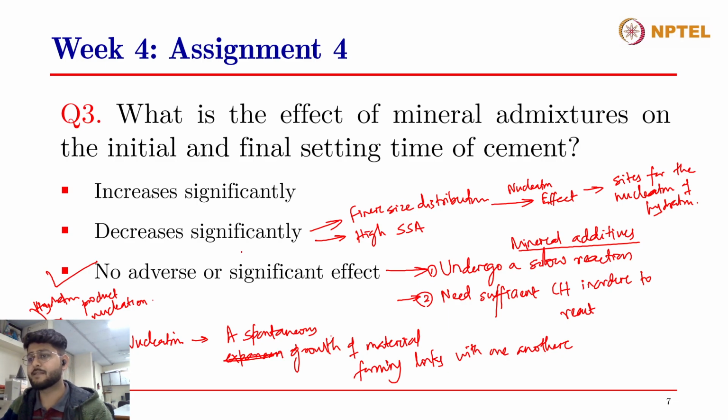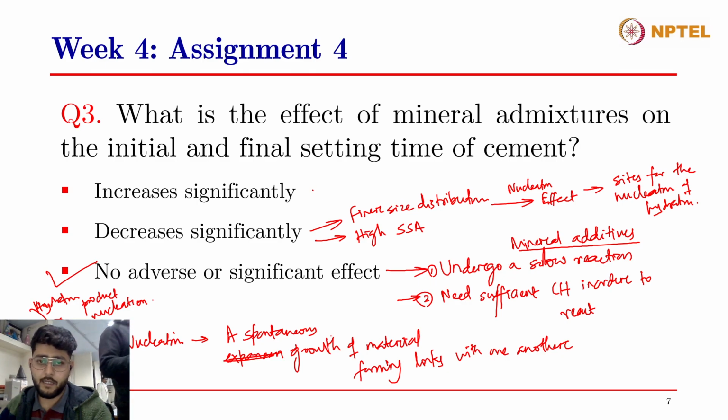Rather, they act as just sites to provide for the nucleation of these hydration products, and in order to increase the reactivity of clinker. So they don't themselves react, rather they increase the reactivity of clinker due to the presence of these large surface area sites. So this might reduce the setting time somehow.